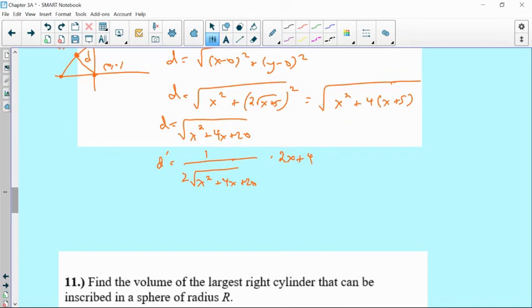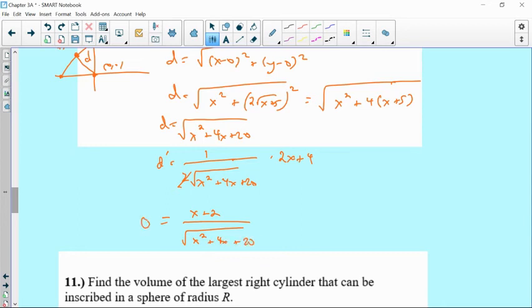And I noticed that this 2 would cancel the 2 and the 4 to be like a 1-to-2 ratio. So my derivative would be x plus 2 divided by the square root of x squared plus 4x plus 20. And we set that equal to 0.